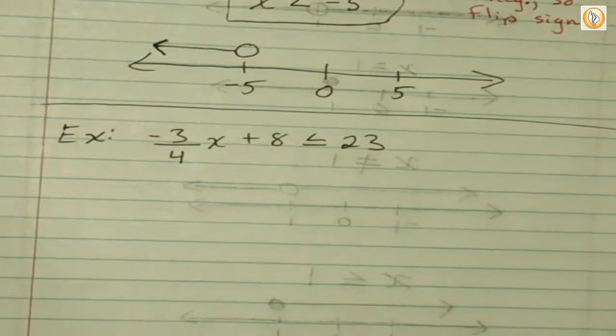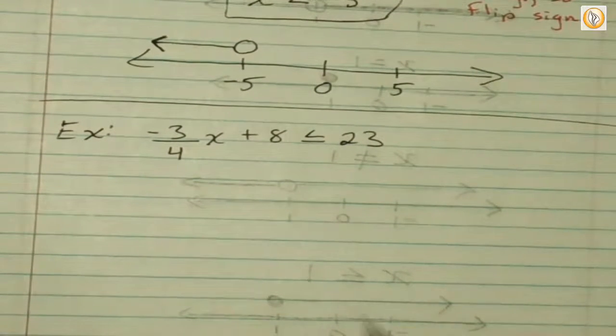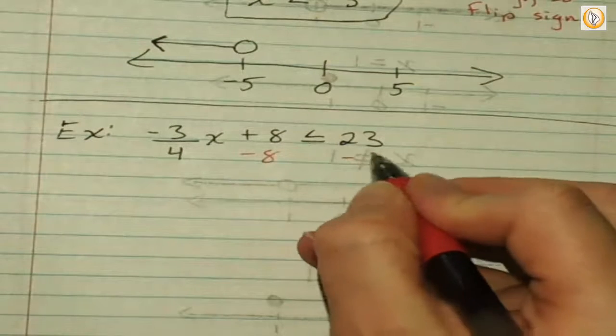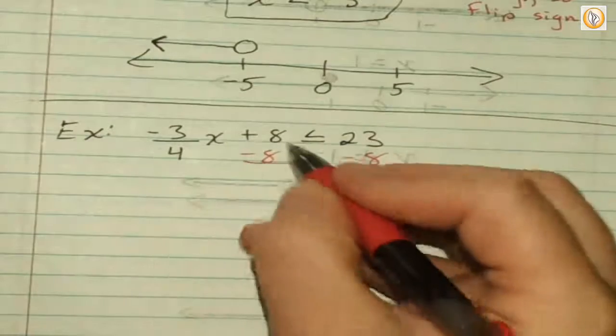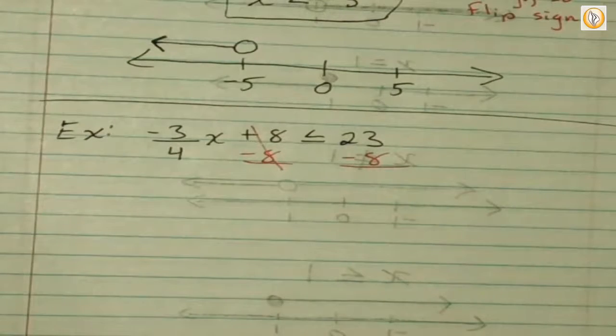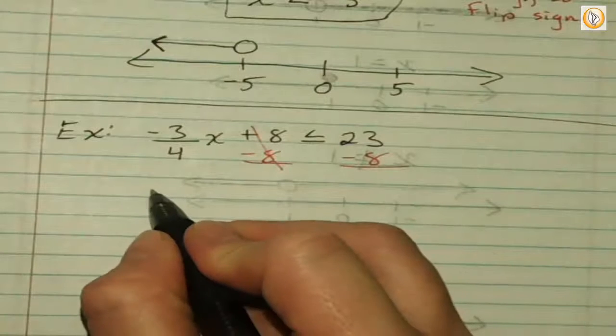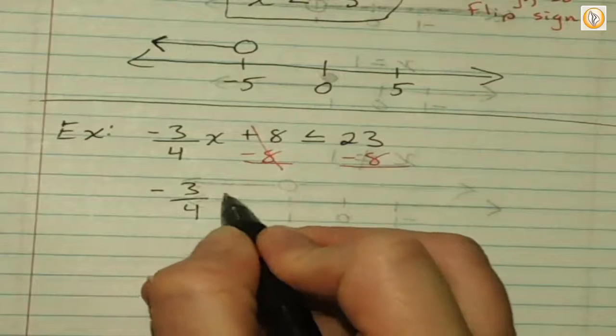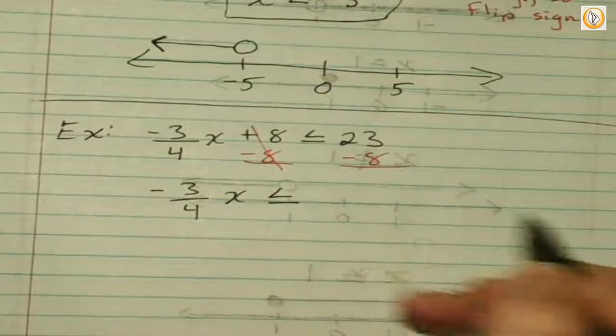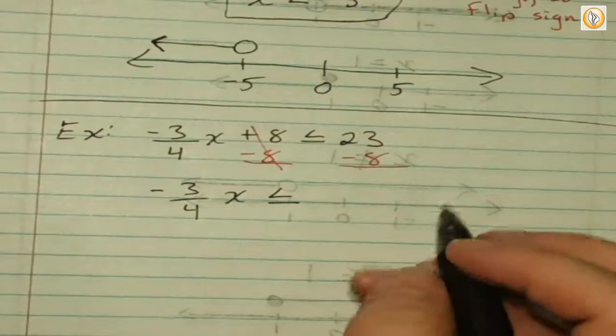Talk me through this problem. -8. Very good. We're going to get rid of the 8 first, not the 3/4 or the -3/4. Does it matter if you did the 3/4 first? It does. You always get rid of this one first. So I'm left with -3/4 x is less than or equal to what's 23 minus 8.